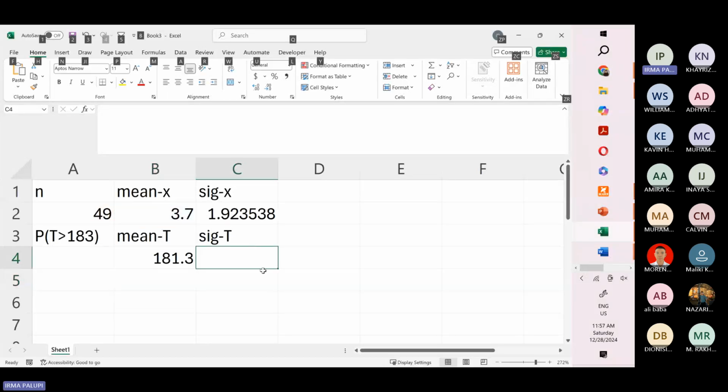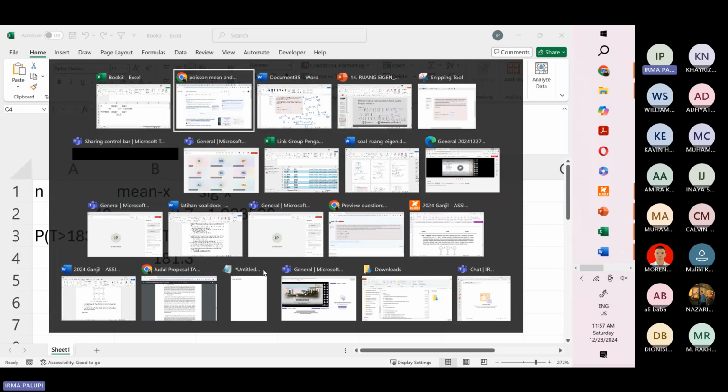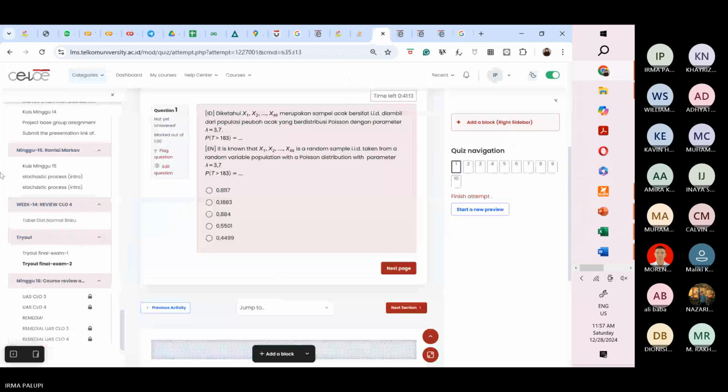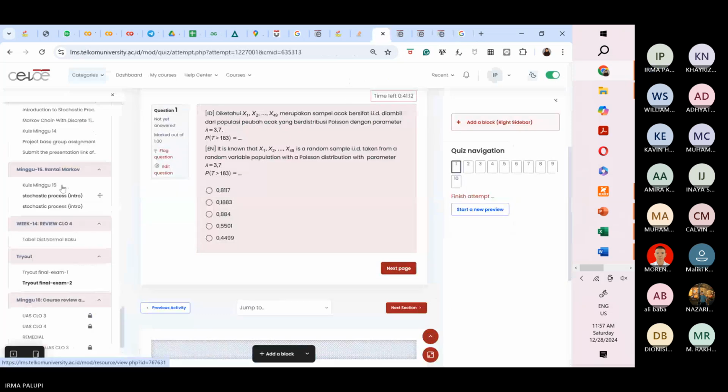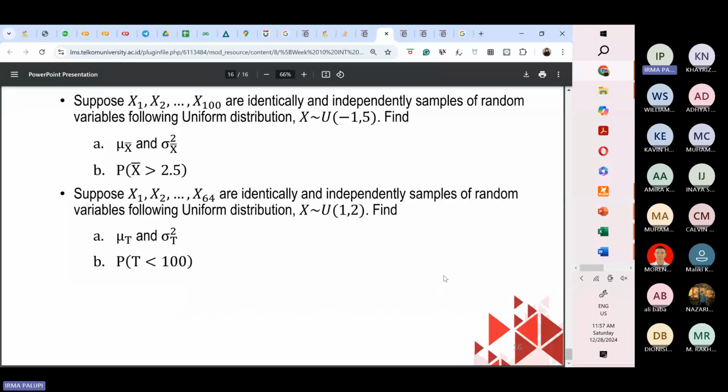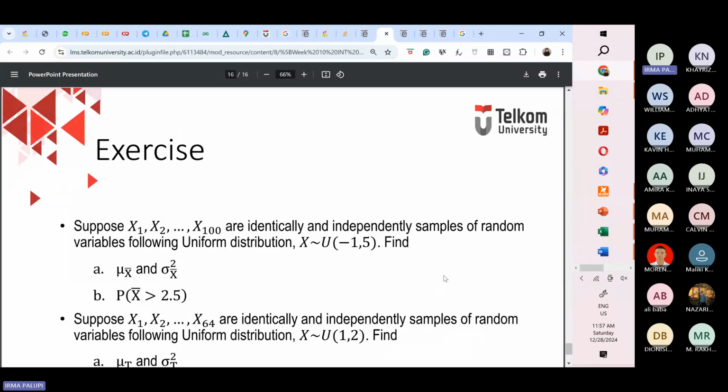And for the variance, I forgot. Anyone remember what is the variance formula for total samples?